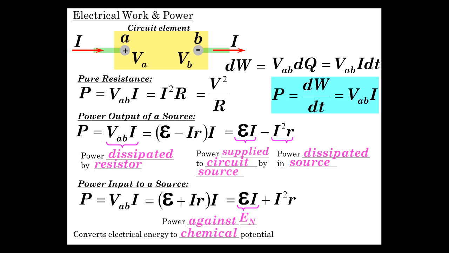Then you have this I squared R. So the laptop on your lap, if it's plugged in, so I'm talking about the discharge dissipating heat, but also charging dissipates heat just as well. So this I squared R is power dissipated in the source again as a result of current going the other way. So that's a breakdown of the various aspects of power in a circuit element and in the source.